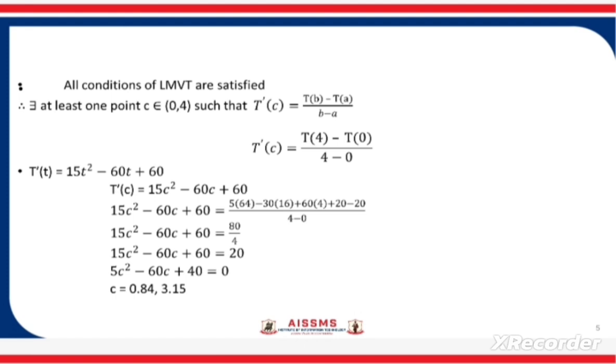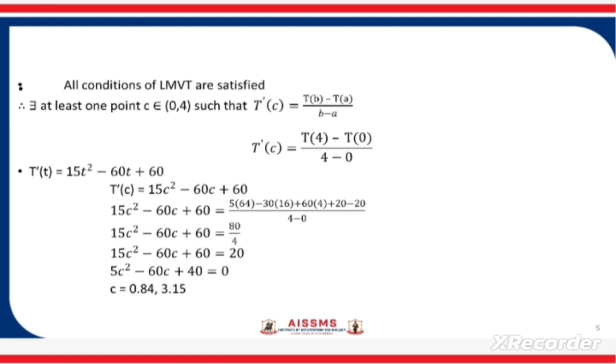Now we put value of derivative in the above formula. So we get 15c square minus 60c plus 60, which is equal to T of 4 minus T of 0, means we simply put in given function t is equal to 4 and t is equal to 0.